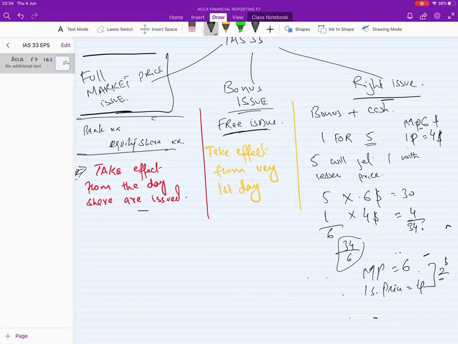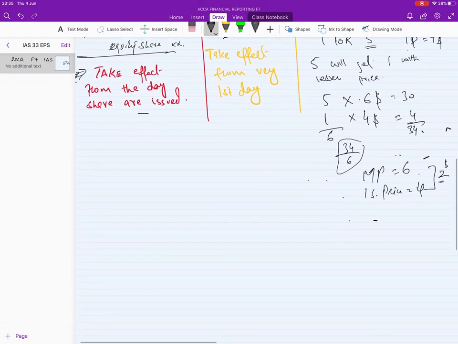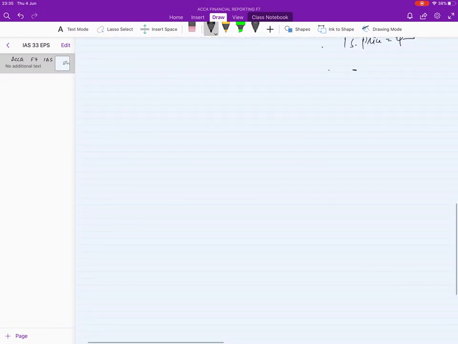So it has both a free element and a cash involvement. We will practice more questions so we will get to know about this. Let's do some examples.